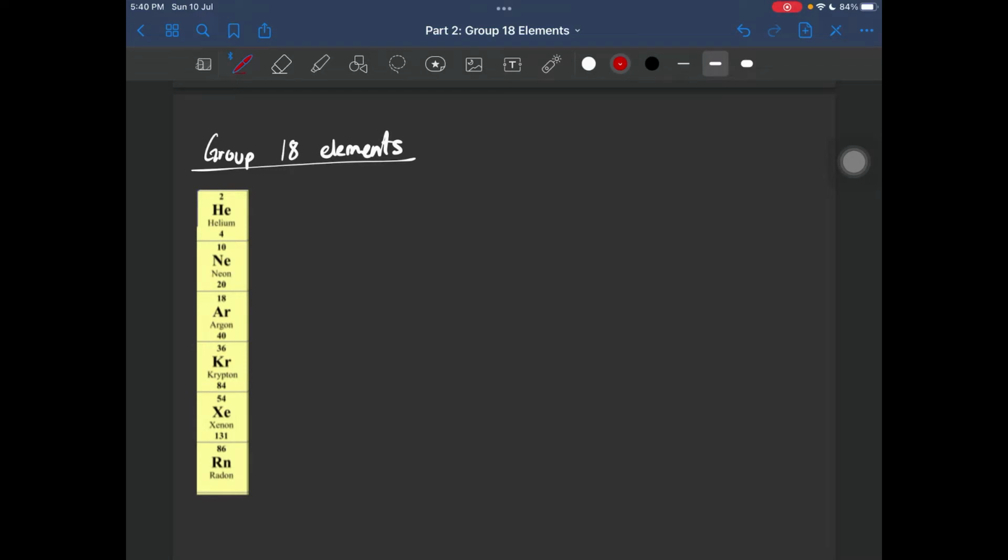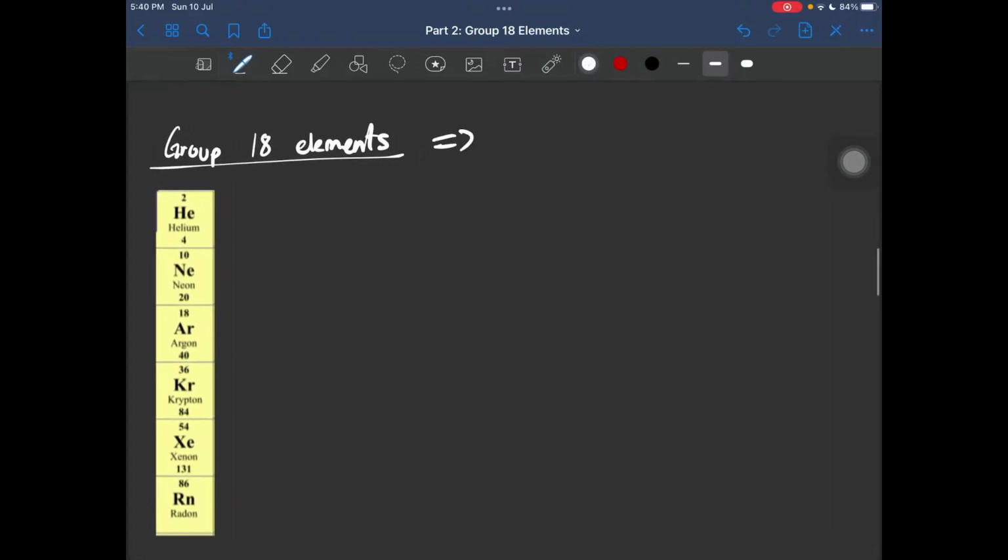Right, so group 18 elements. A special characteristic that only group 18 elements have is that they are the only gases that exist as monoatoms. They are the only monoatomic gases, right?